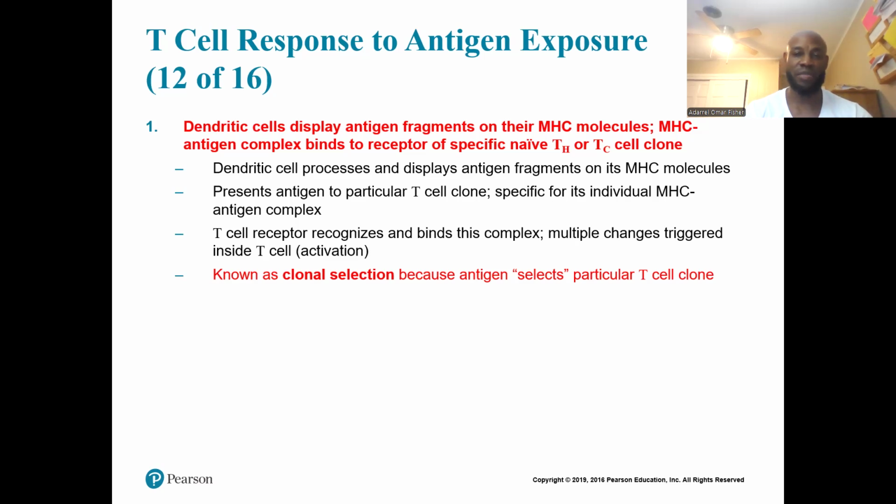Dendritic cells process and display the antigen fragments, presenting the antigen to the T cell specific for its individual MHC antigen complex. The T cell receptor recognizes and binds this complex, what is known as clonal selection, because the antigen selects a particular T cell clone.